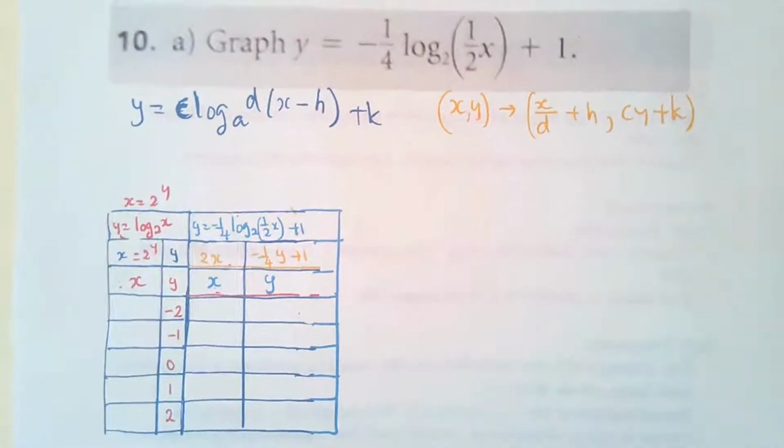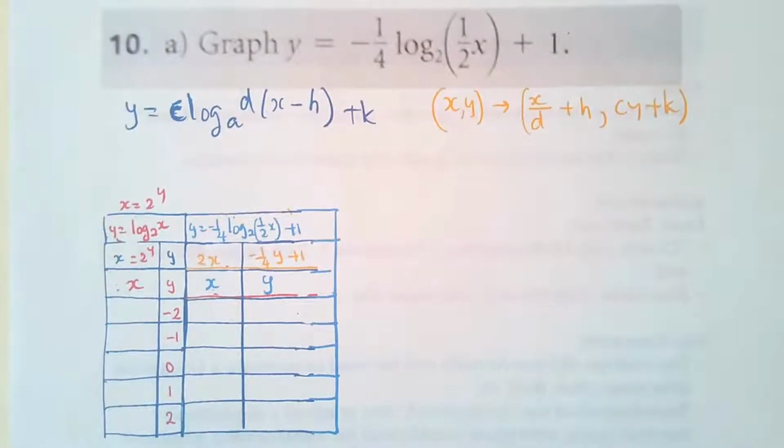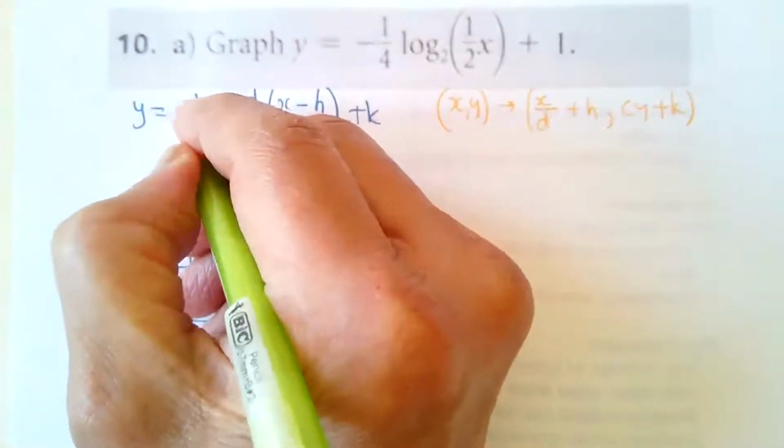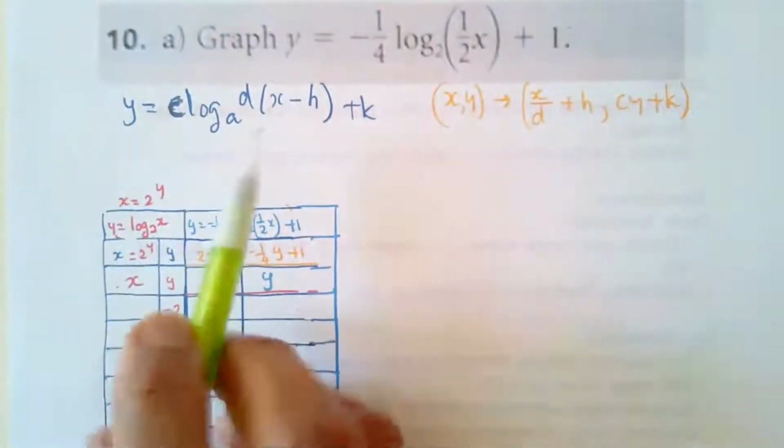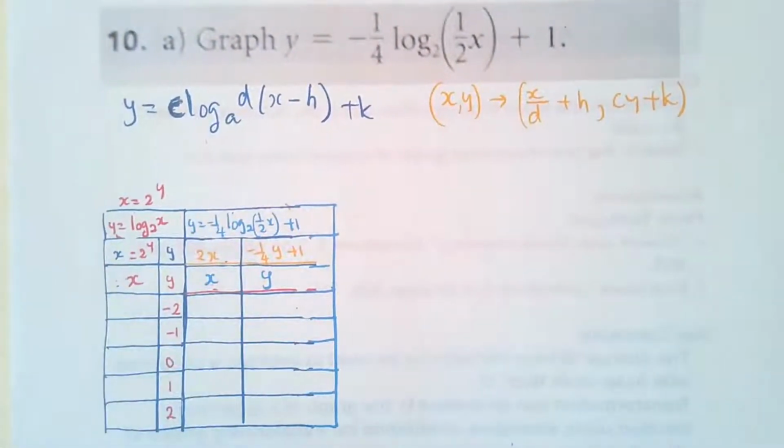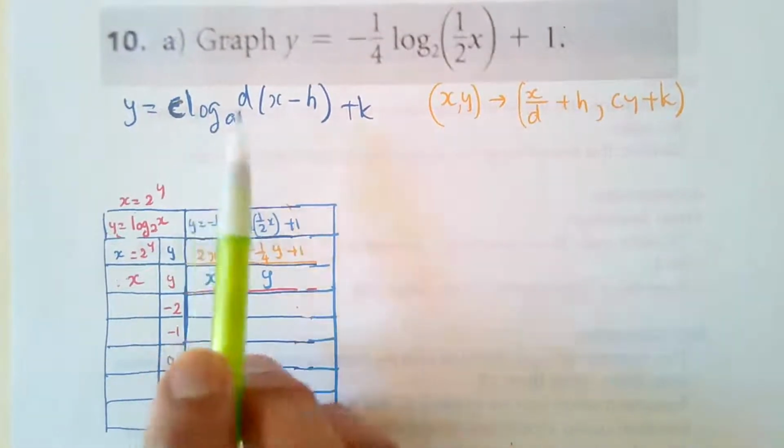Here we have the graph y equals negative 1/4 log base 2 of half x plus 1. This C here looks like a D. Now, this is a general transformation formula for logs.